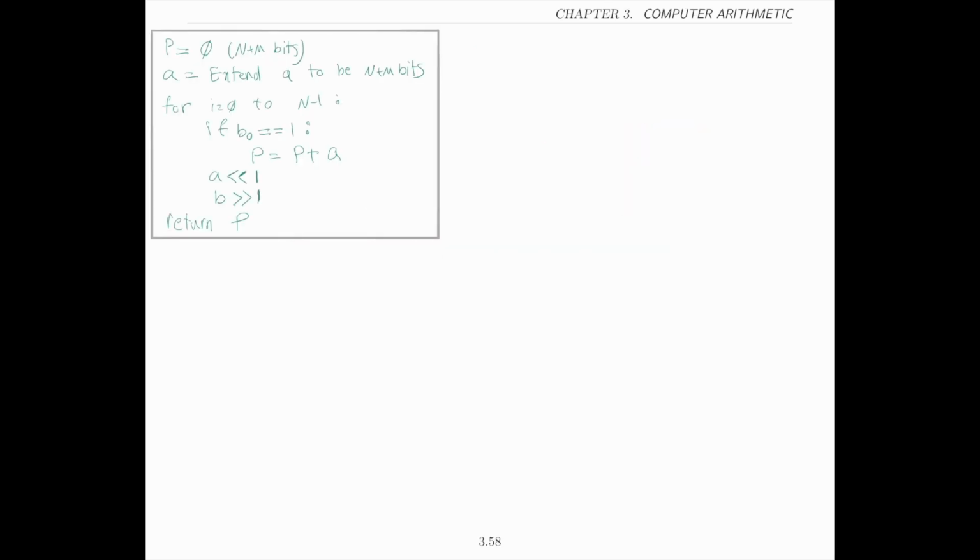Okay, so let's think through what this algorithm does. It starts by setting p to 0. In the next round, it's going to add to it a multiplied by b0, right?